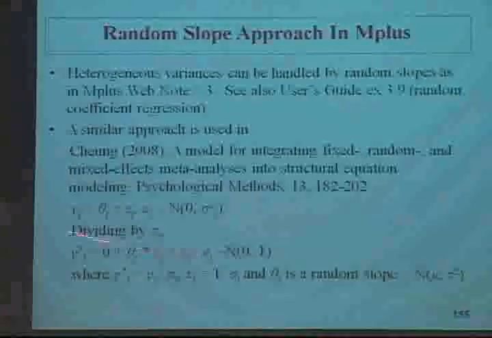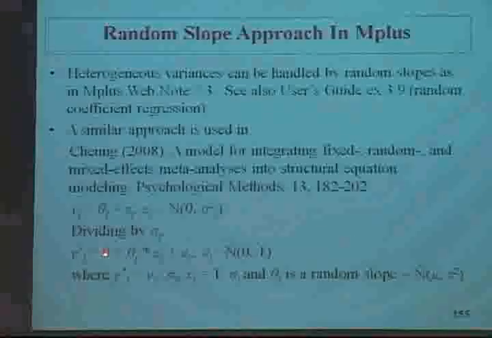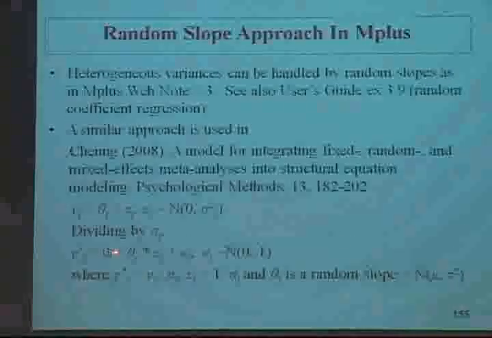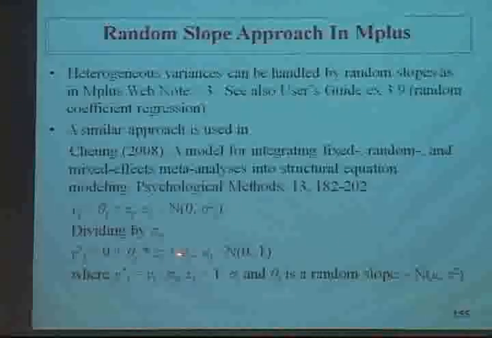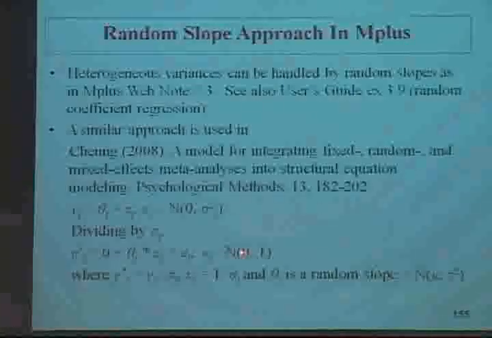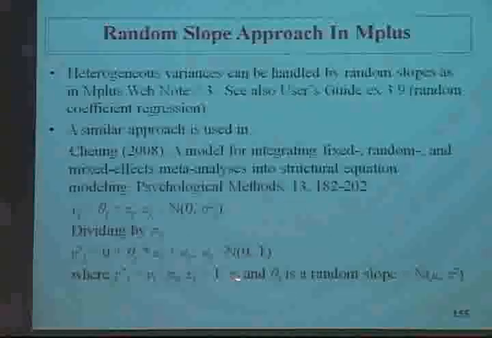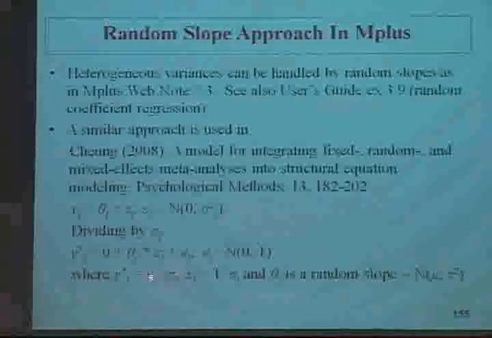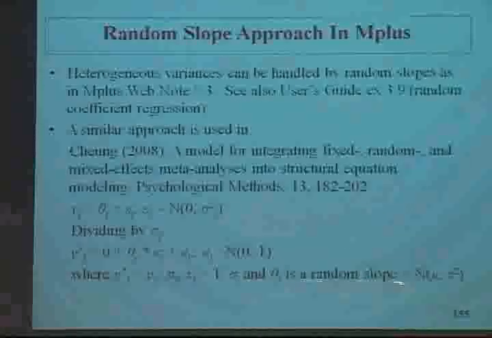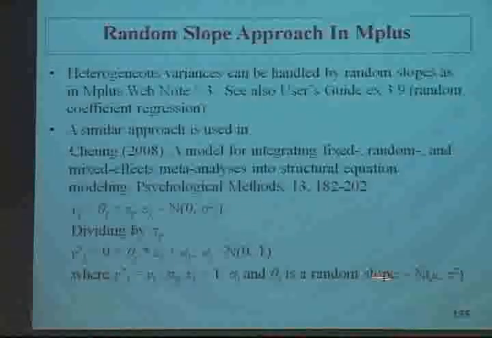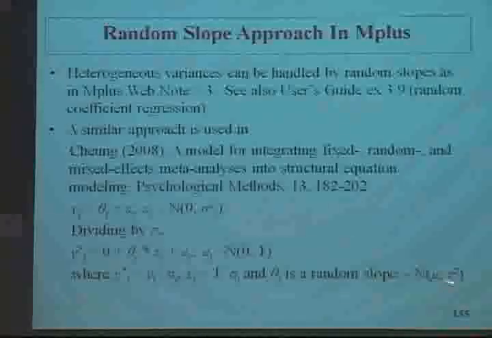And where you can add a 0 intercept just to mark that that is really 0. That was an invisible 0 here. And where the residual is normal with mean 0 and variance 1, because you have divided by the standard deviation. And theta j is still a random slope with these hyperparameters mu and tau squared.